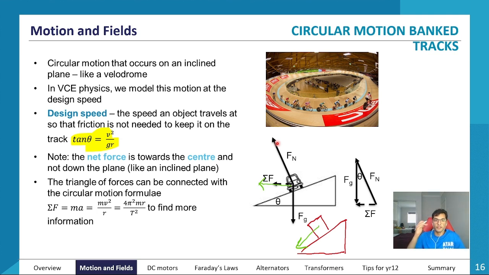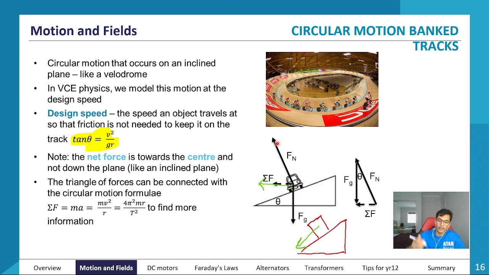Keep that in mind because often when you're asked to draw force diagrams, you have to differentiate if it's an inclined plane or if it's a banked angle track. If it's a banked angle track, your net force is acting perpendicular to the ground.